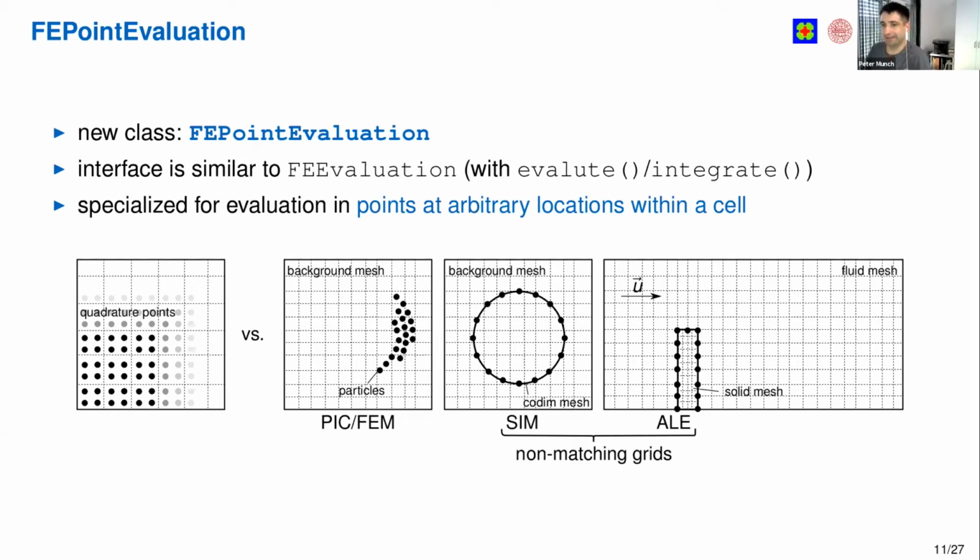Or another application is this one in the middle, where you do sharp interface methods for some two-phase flow simulation. Here we have a codim-1 mesh which tracks the interface, and at the quadrature points we need to evaluate, for example, the velocity, and we have to compute the stresses which are contributed to the Navier-Stokes solver, which is solved on the background mesh.